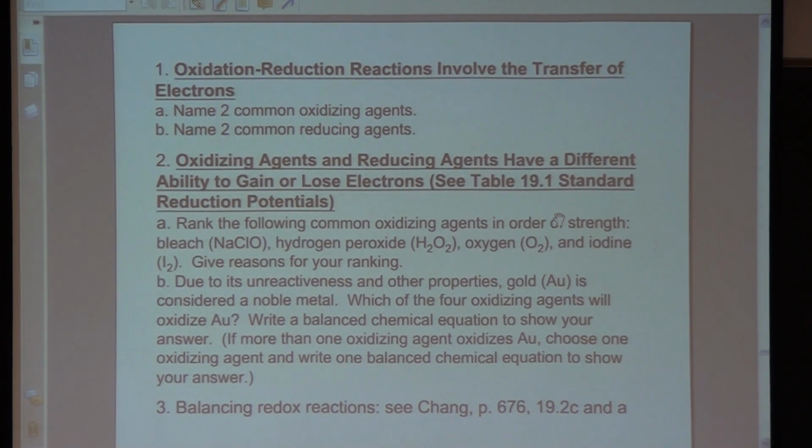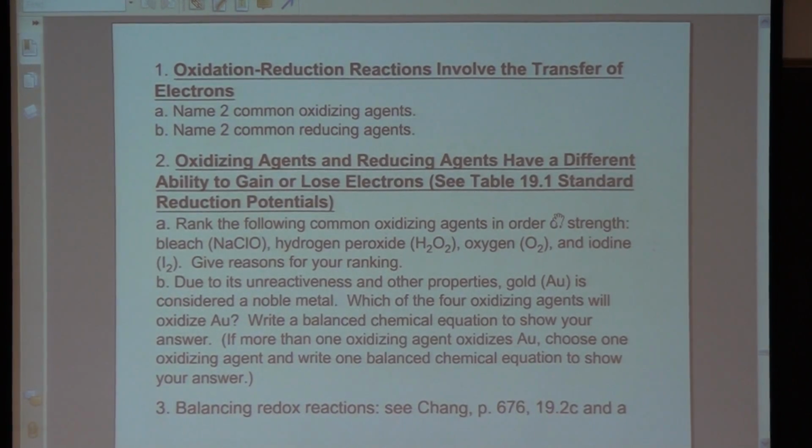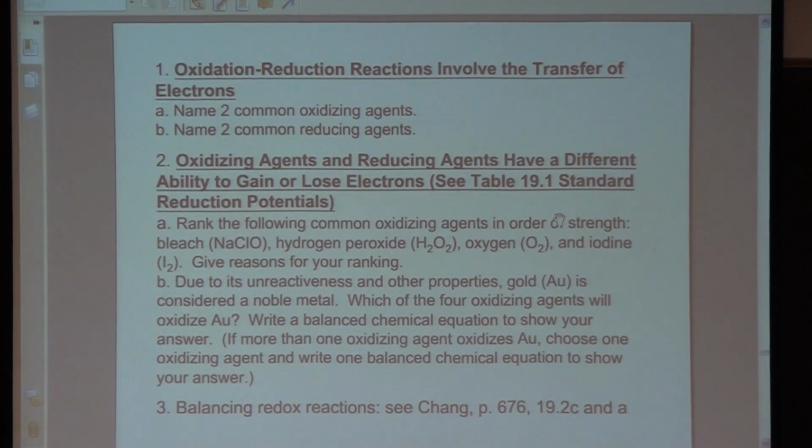Yeah, so bleach is 1. Can you name a 2nd common oxidizing agent? Pardon? What did you say, George? Fluorine. Okay, there's another one. But that's not really a very common one, is it? Is fluorine a common oxidizing agent, though?